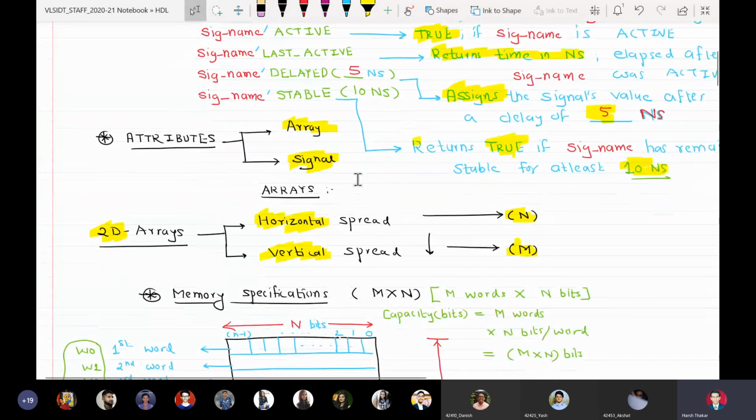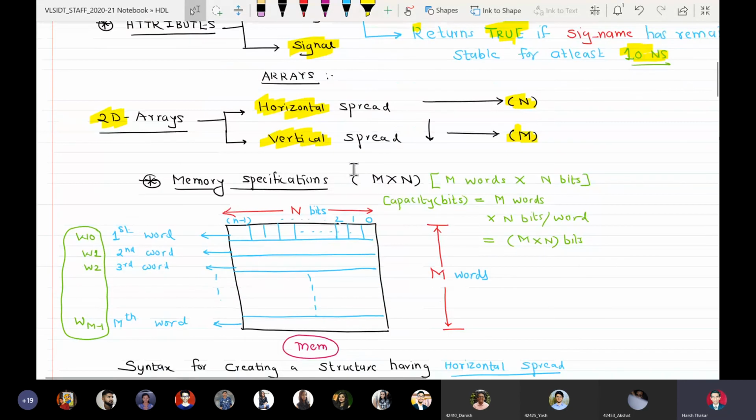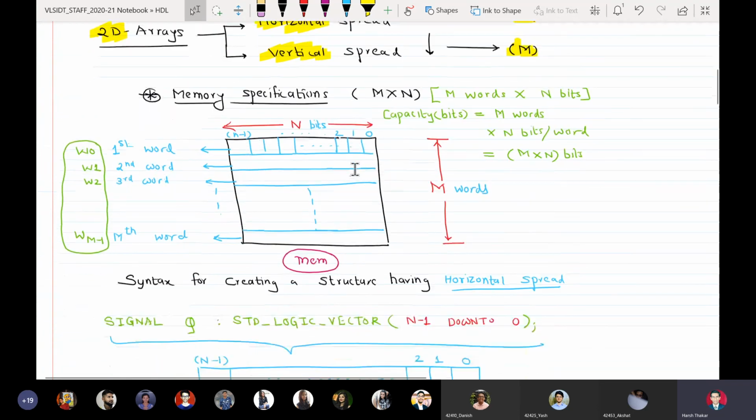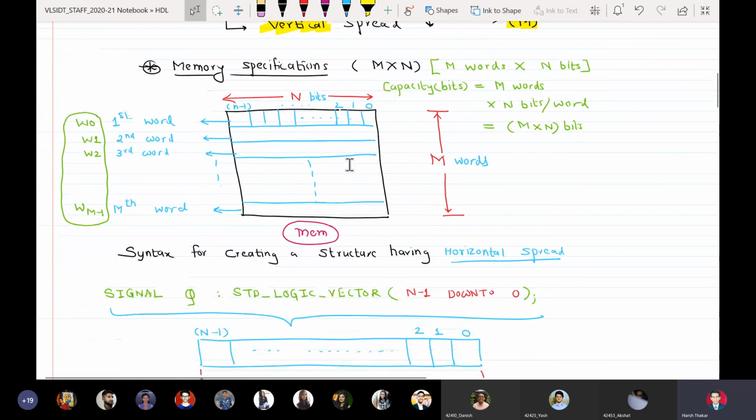And then we discussed how to create two-dimensional arrays, that is arrays having horizontal spread n and vertical spread m. And we took an example of how memories are specified as m by n, where m is the number of words or the vertical spread of memory, and n is the horizontal spread of memory, also known as bits per word. And the capacity of memory is always a product of m and n, and the unit is bits. And this is how a memory is organized.